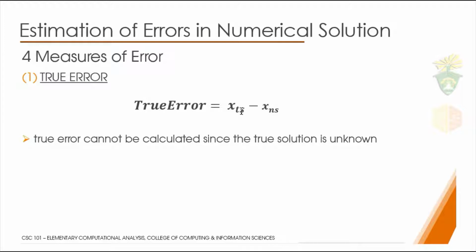We are gonna assume for the true solution. So, since the true solution is not given or is unknown, we cannot compute the true error. However, we must make sure that on the other measures of error, their error value should be as close as the true error.